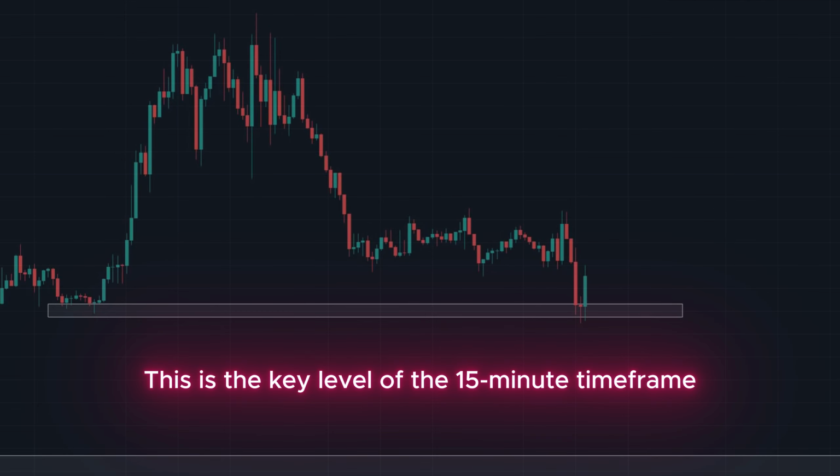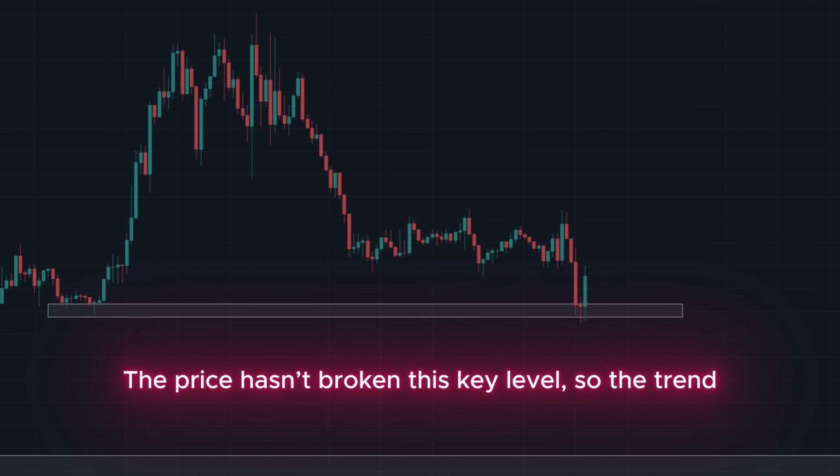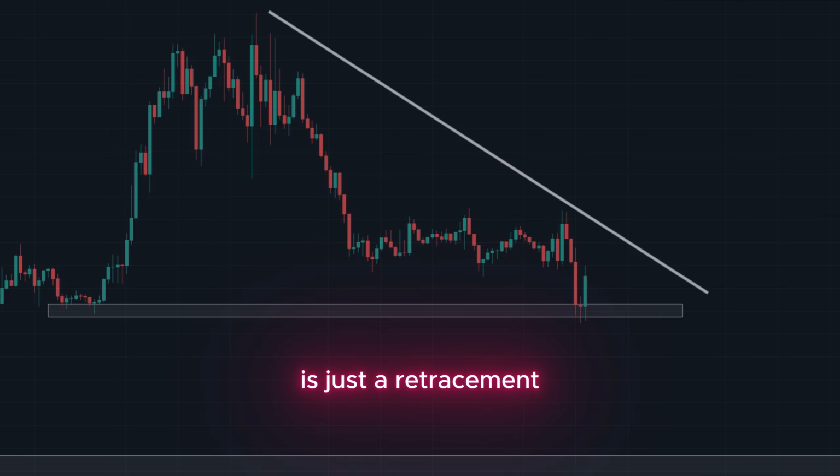This is the key level of the 15-minute time frame, the key level of the uptrend. The price hasn't broken this key level, so the trend remains an uptrend. So now I determine this downtrend is just a retracement.